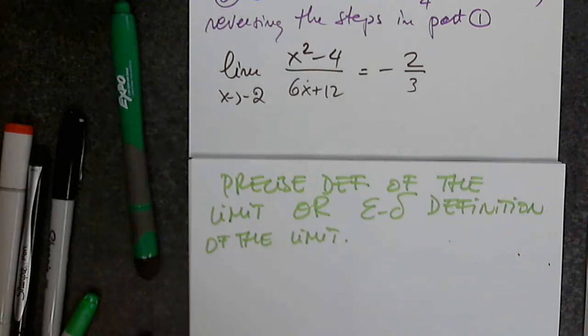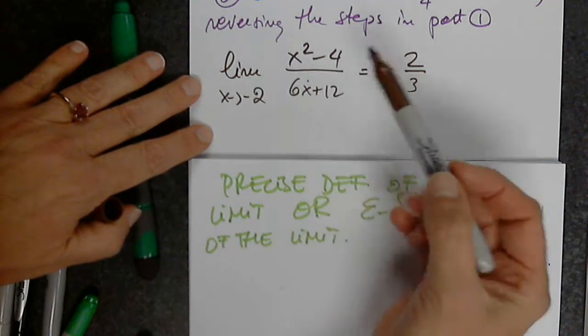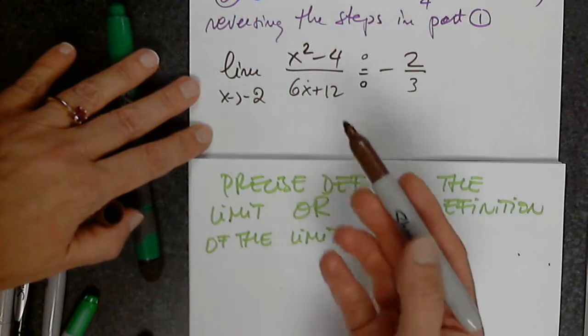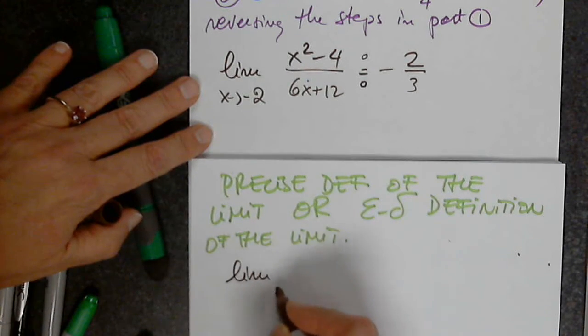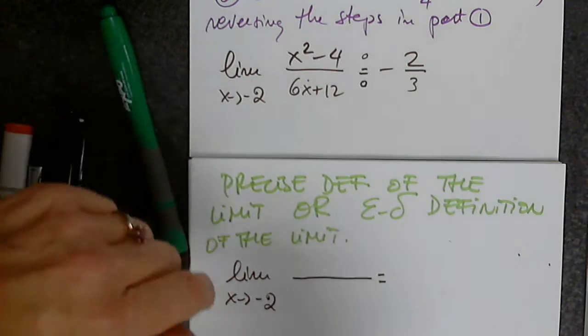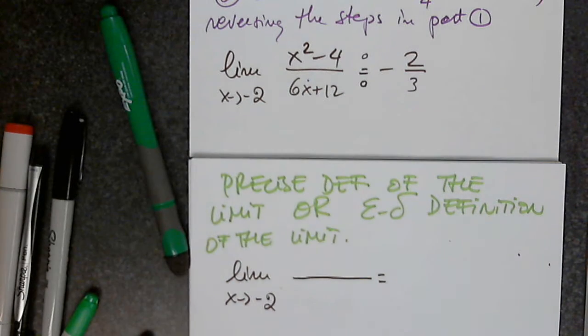So when you plug in -2, you get 0 over 0. So we have to simplify it. So the limit, x approaches -2. What do I know immediately, when I plug in -2 and I get 0, for both top and bottom?